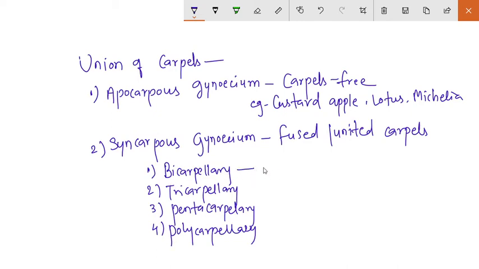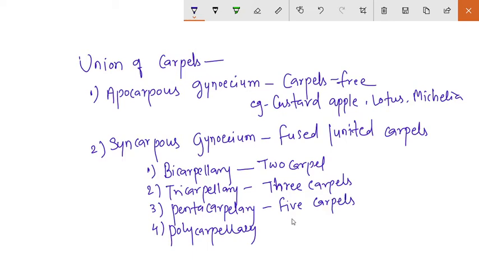Bicarpellary, bi means two carpels. Tricarpellary means, tri means three, so three carpels. Penta means five carpels. And polycarpellary means many carpels.